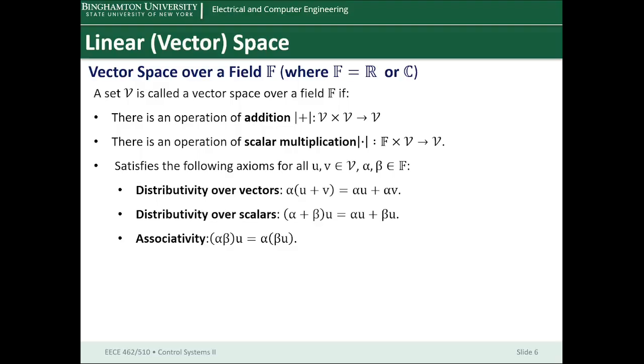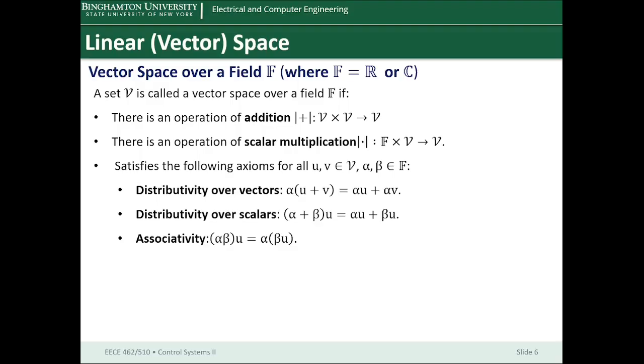A set V is called a vector space over a field F if it's equipped with two operations: vector addition and scalar multiplication, where a scalar is an element of the field. The set must be closed under these two operations.